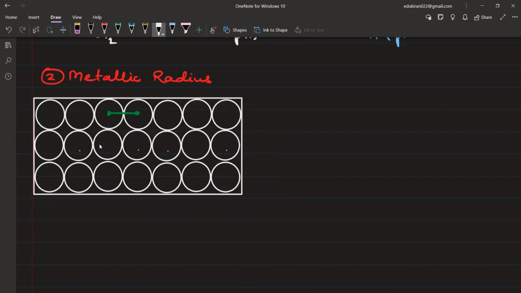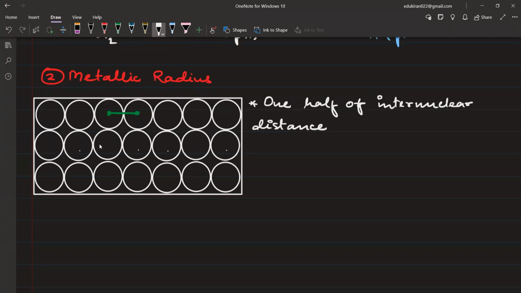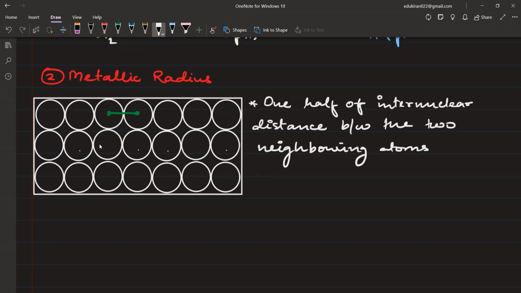So please write: half of the internuclear distance between the 2 neighboring atoms of a metal in a metallic lattice.